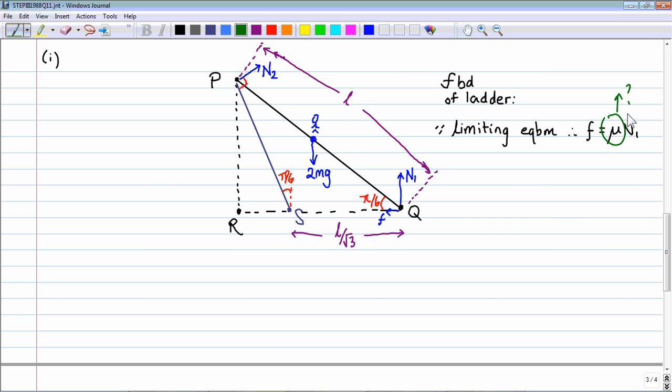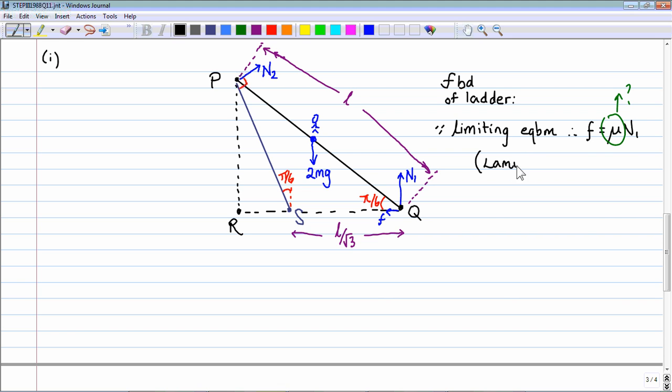So we're going to have to use equilibrium equations, and this is something you're probably familiar with, in order to find the relationship between F and N1, such that we can substitute here and get the value of mu. Okay, as usual with these questions, there's more than one way to do it.